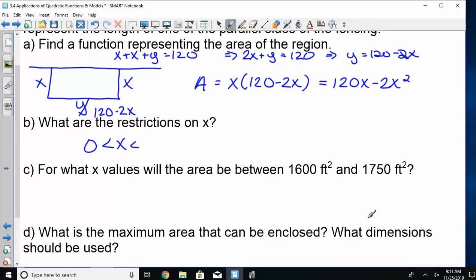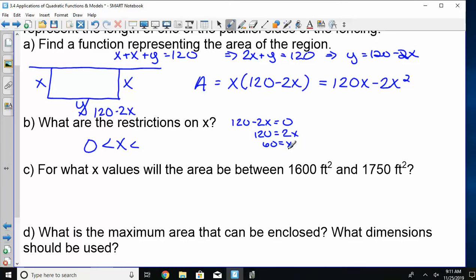But if I made both of those 100, this side would become 120 minus 200, and that's a negative, so that wouldn't work, would it? What would make this side equal 0? That means if X is 60, this side turns out to be 0.